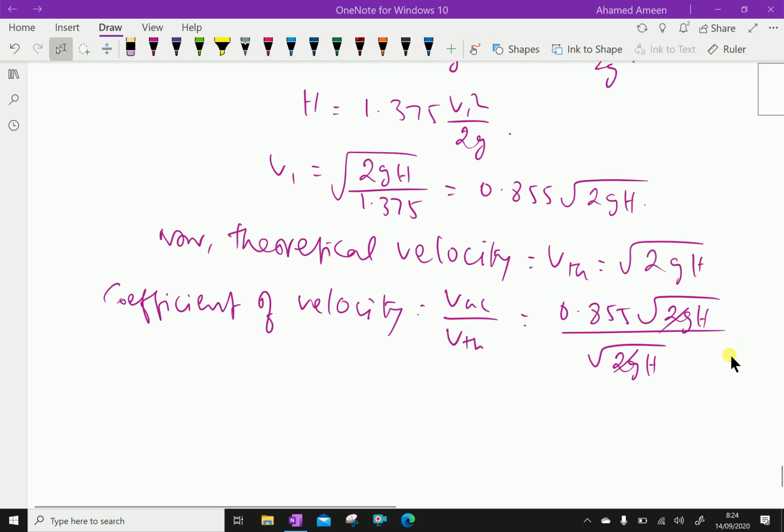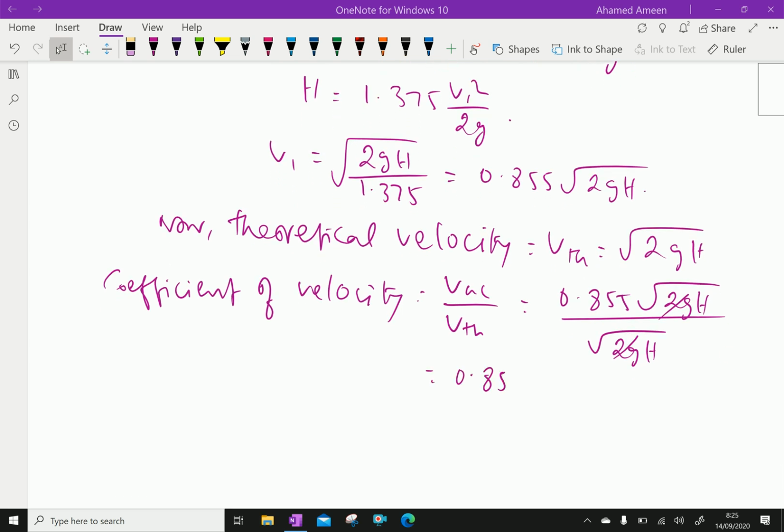Both cancel, giving 0.855, which is the coefficient of velocity Cv.